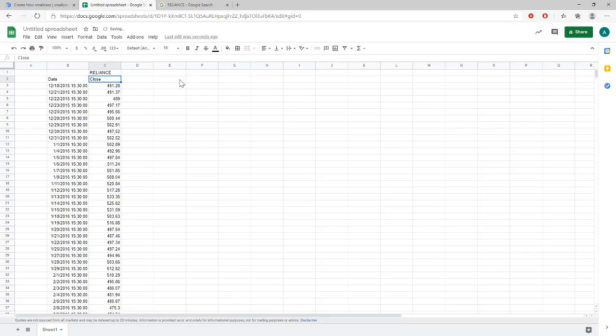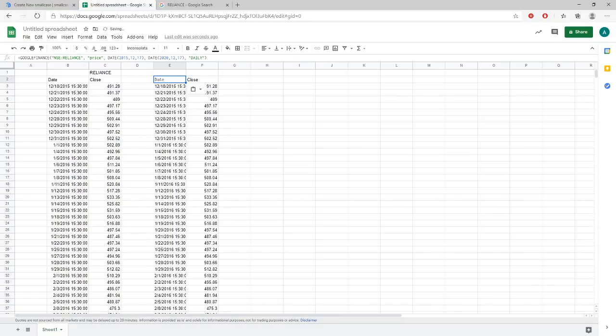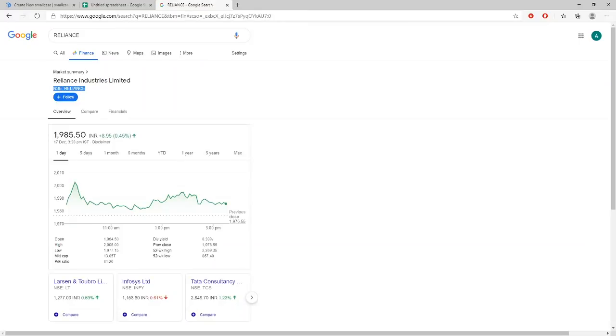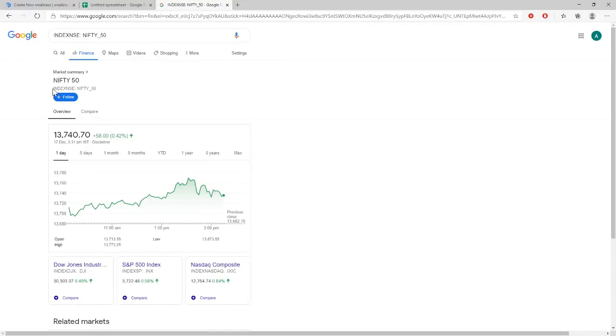Now in case you want the same thing for Nifty, again, you just have to copy the same formula, put this in, and you just need to change this particular ticker. So for Nifty 50, as you can see, it is slightly different.